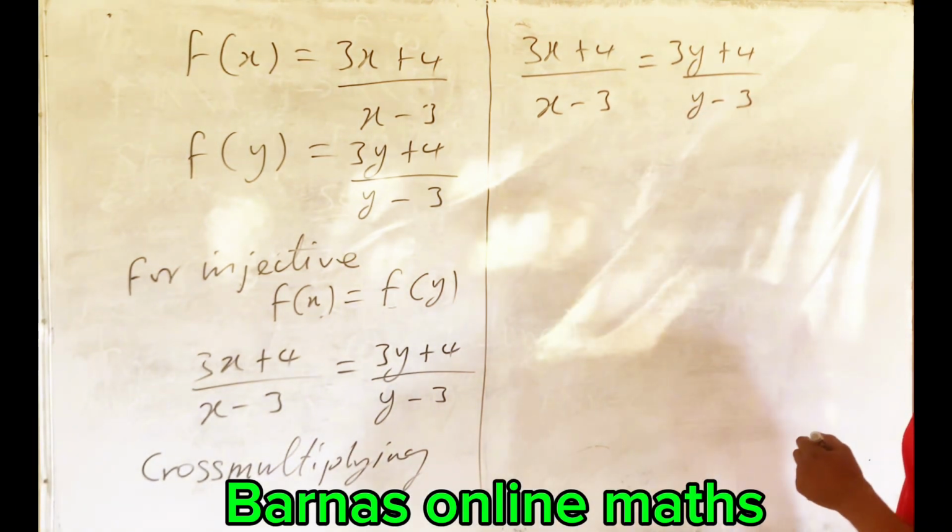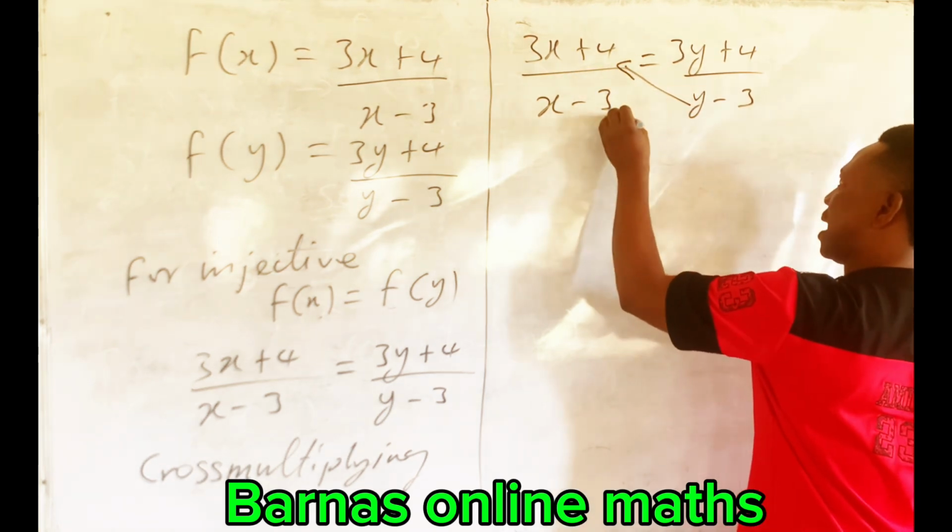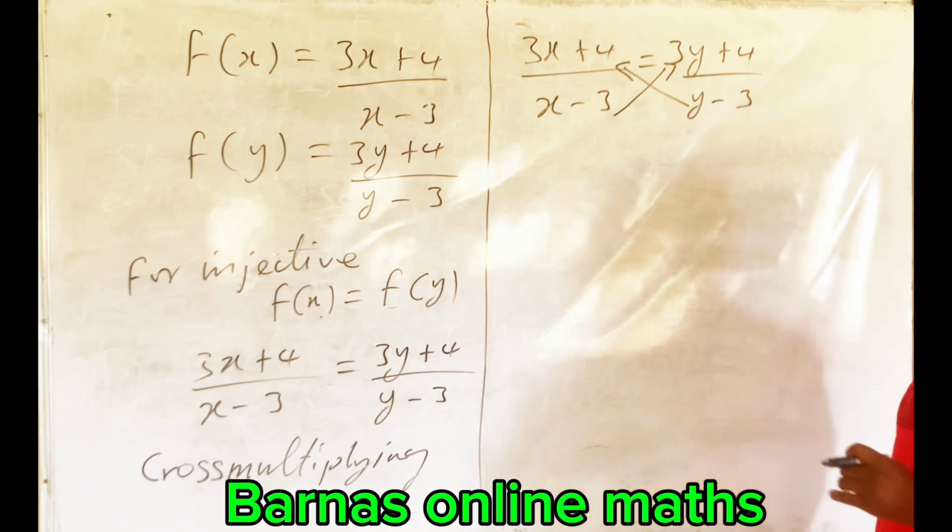If we cross multiply, this will multiply that, and this will multiply that.